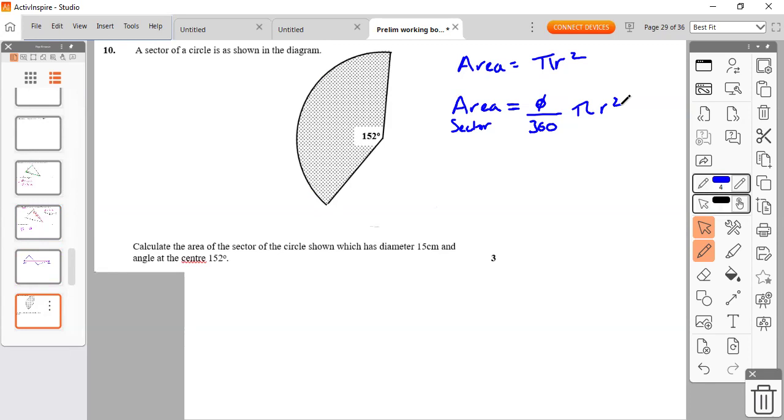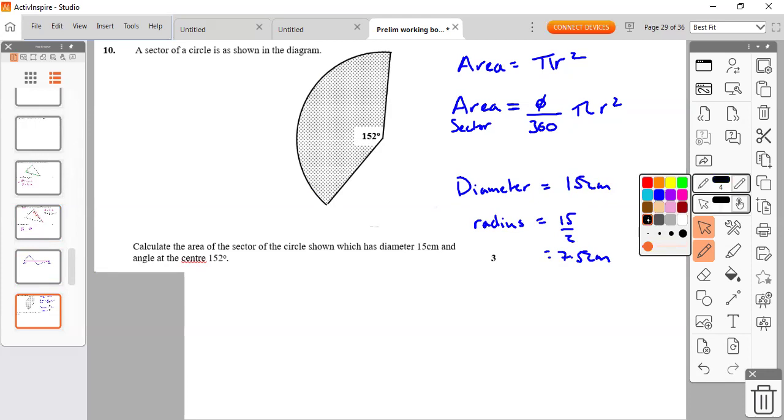The diameter is 15, so the radius is 7.5. Let's put that into our formula.